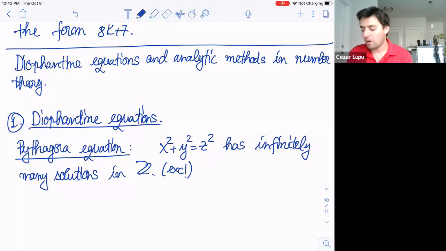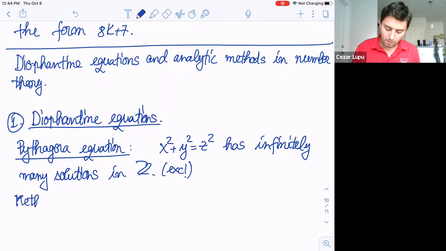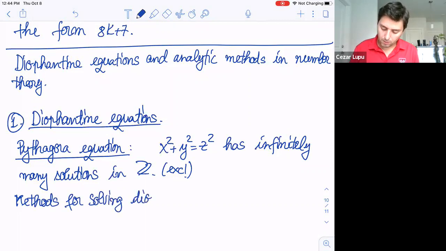And now I'd like to start with some easy examples of equations. There are a bunch of methods, so I'm just going to stick to some simple methods for solving Diophantine equations.